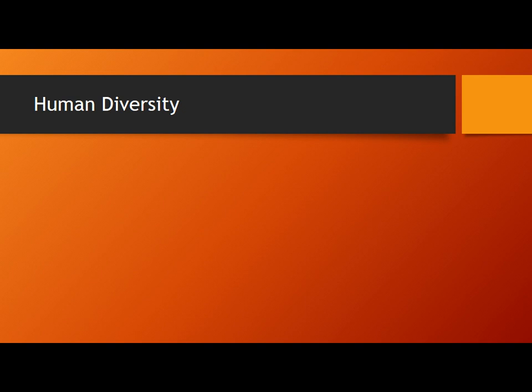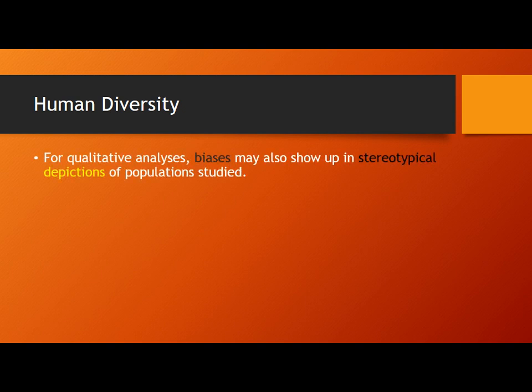Human diversity. Well, take a look at this. I was talking earlier about qualitative analyses and how biases may also show up in stereotypical depictions of population studied. So if you're a reader and you're reading about a culture, you might find that whatever the researcher says is the ultimate depiction. But in fact, again, there's so much diversity within diversity. It would be like using just an open-ended term like Caucasian or African American.